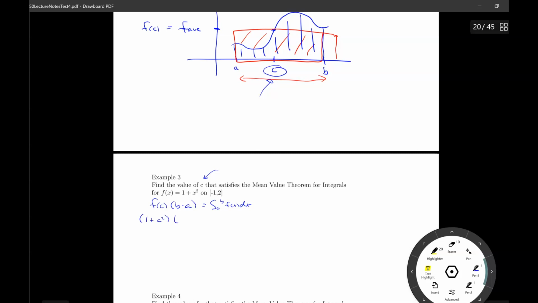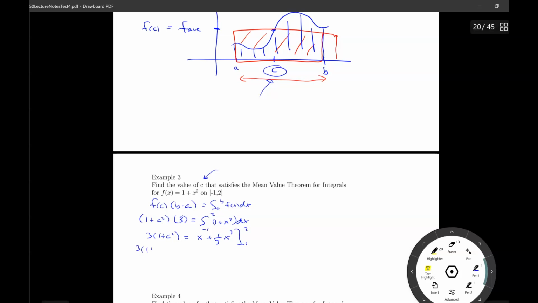B minus a would be 2, subtract a negative 1, so that'll give me a 3, equaling from negative 1 to 2, and then inside here I've got this function that I need to integrate. All right, so I still have 3 times 1 plus c squared, and taking the antiderivative, so I get x plus 1/3 x cubed between negative 1 and 2.